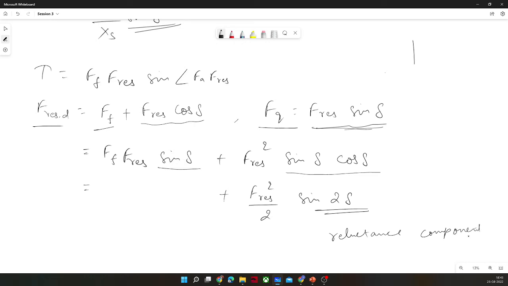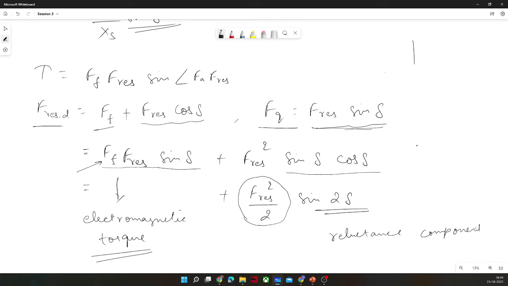I guess once in 2018, one problem was framed based on the reluctance component. So I guess it is in the syllabus. And this one is electromagnetic, due to the field, whichever field you are applying or the flux component in the machine. That's why the electromagnetic component would be generated. But the reluctance component doesn't have to take anything from the field.